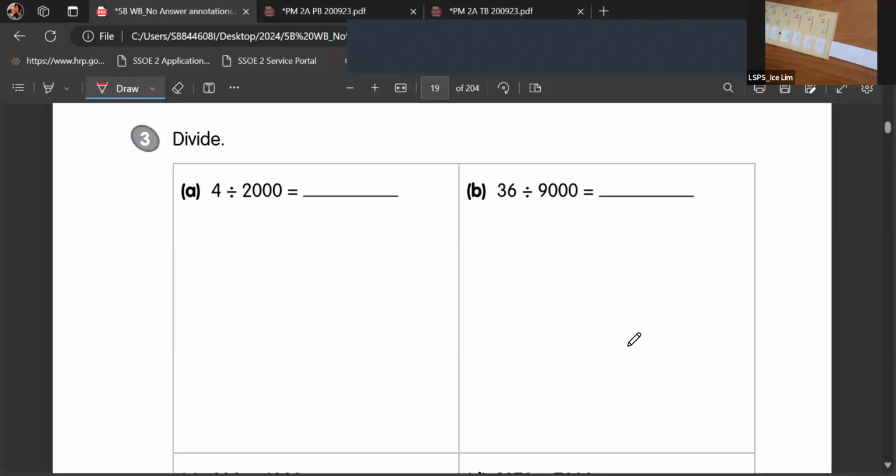If you recall, when you're primary 1 and primary 2, or primary 3 even, the teacher tell you 4 divided by 2,000, is it possible? They probably say not possible, right? They'll probably tell you that, hey, when you do division, the bigger number must be in front, something like that, right? Or when you do subtraction, the bigger number should be in front. Actually, that's not true. But at the point of time, that was what they have to say. They will say, because you have not learned fractions and decimals yet.